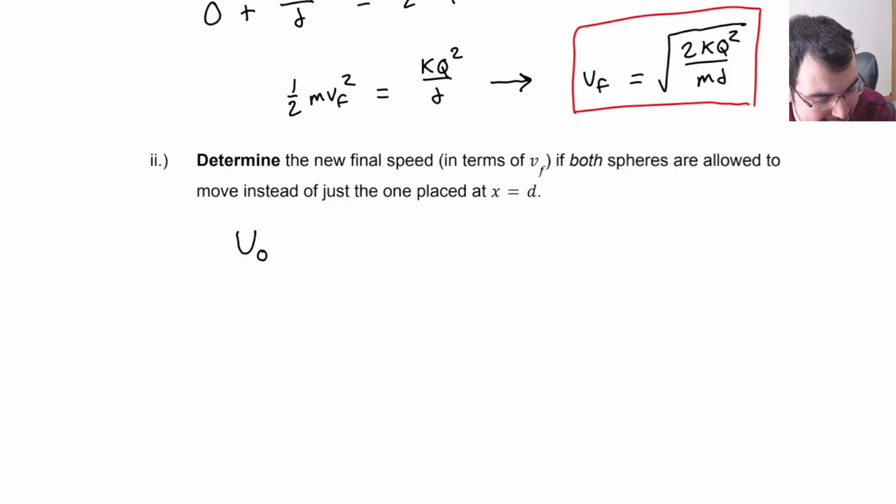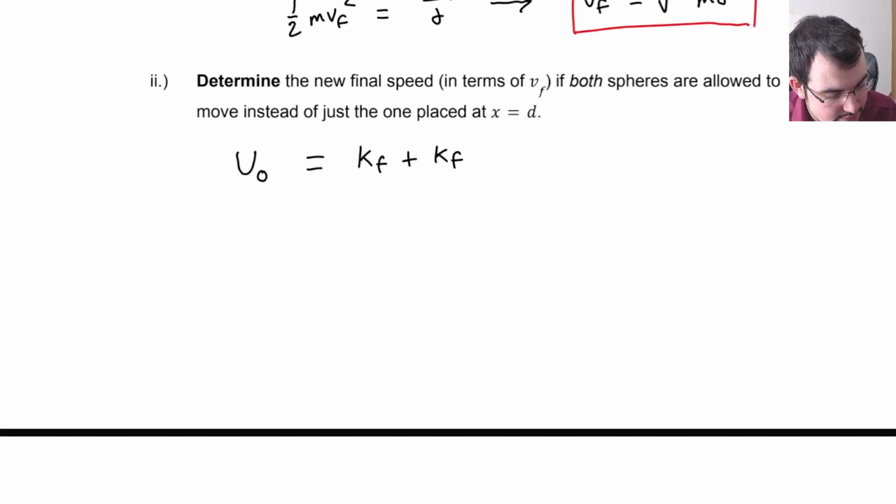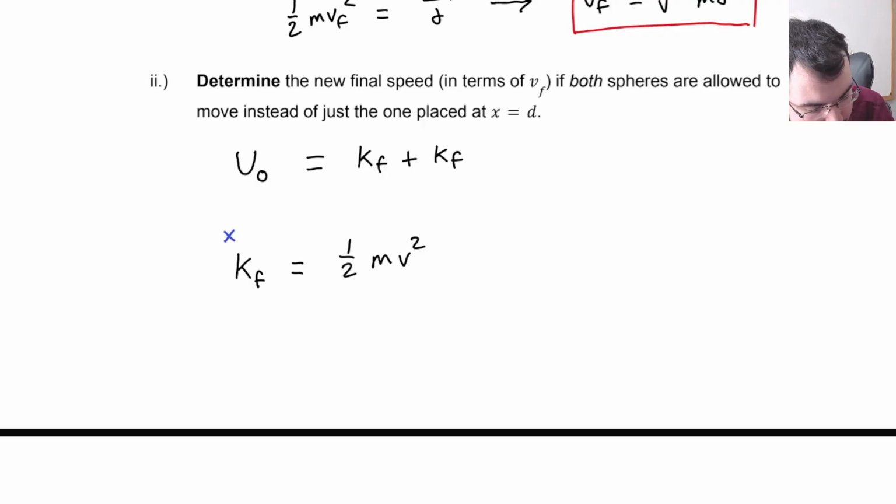Except now it has to be equally shared among two spheres, so the spheres have to share the kinetic energy. What this means is your kinetic energy gets halved. So the kinetic energy, which is 1/2 mv squared, gets halved.